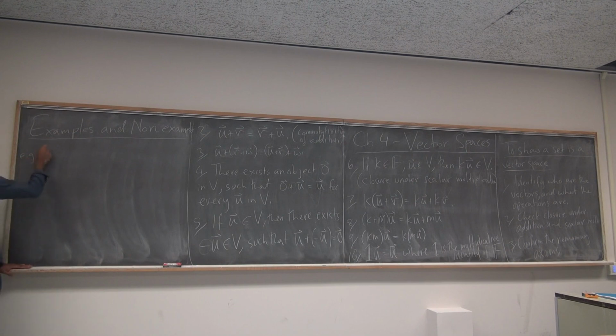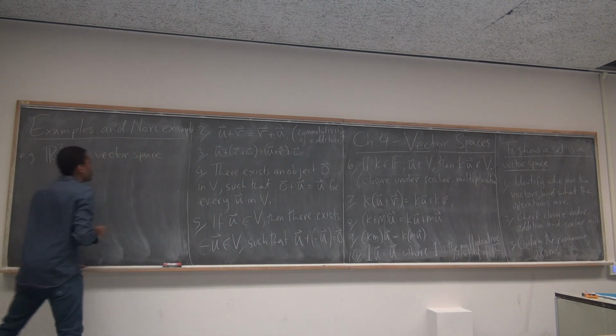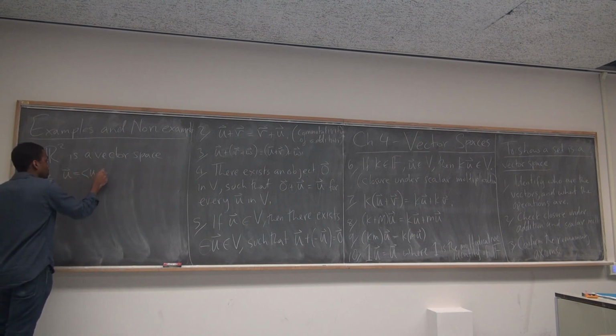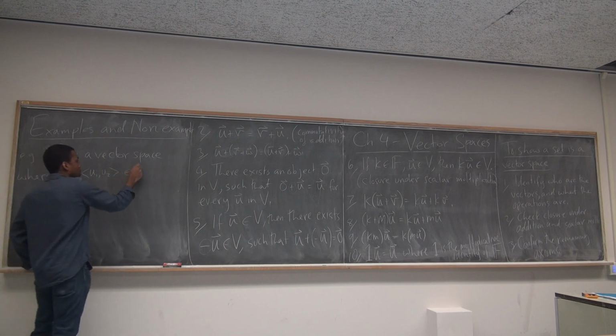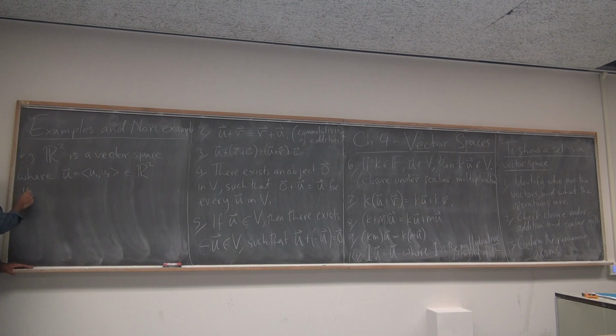Example: R2 is a vector space, where I can write elements like this, and u1, u2 are elements of the real numbers. I can define addition this way.